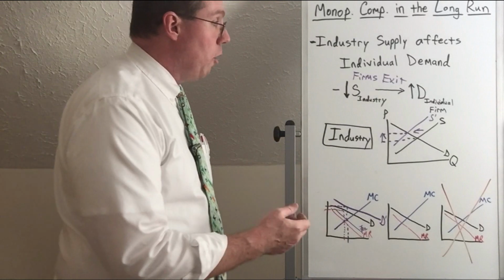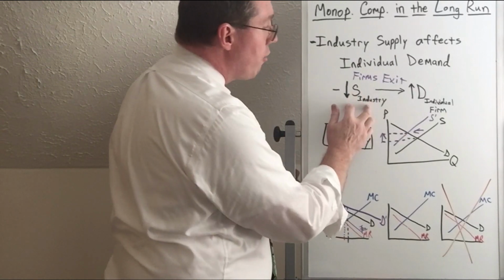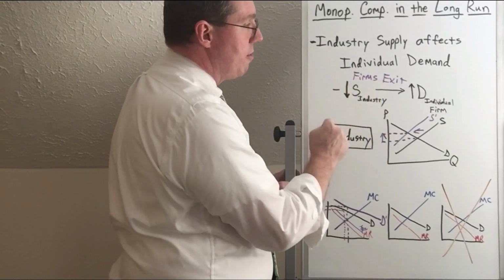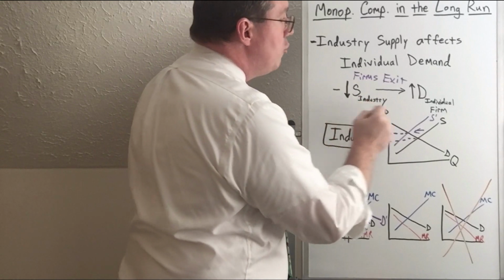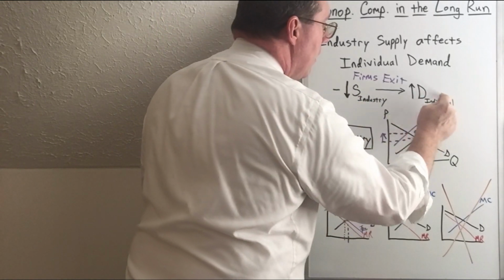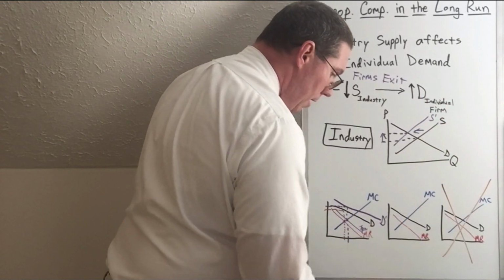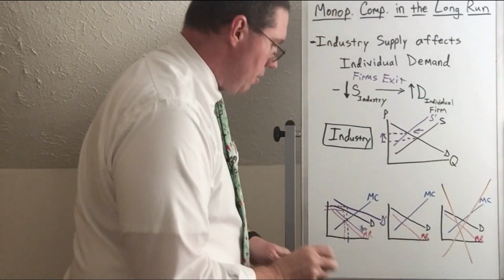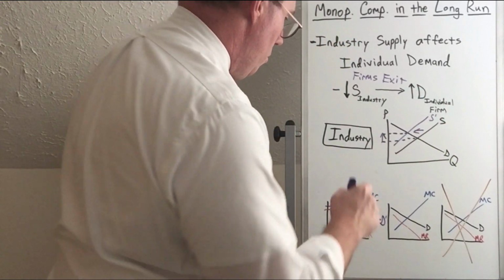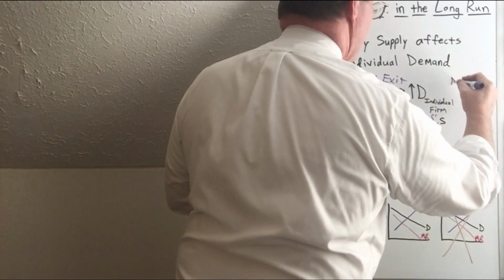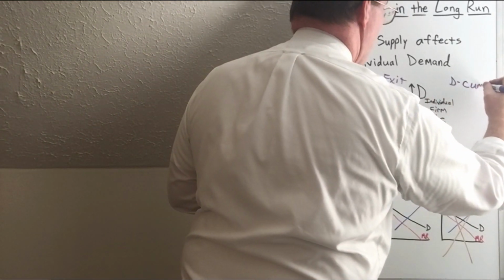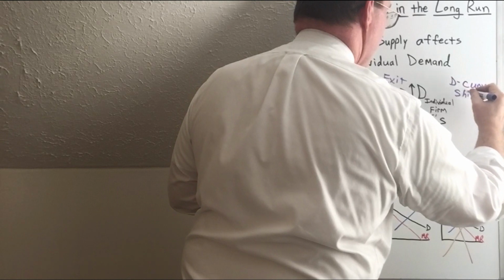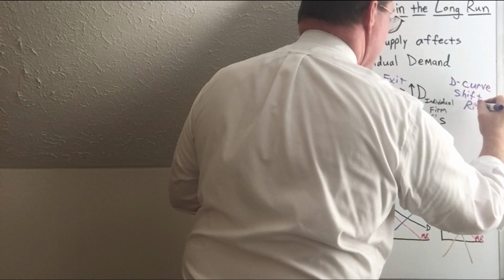And so now what that means is that a decrease in supply because firms are exiting will lead to an increase in demand in the individual firm. And when that happens, the demand curve will shift to the right.